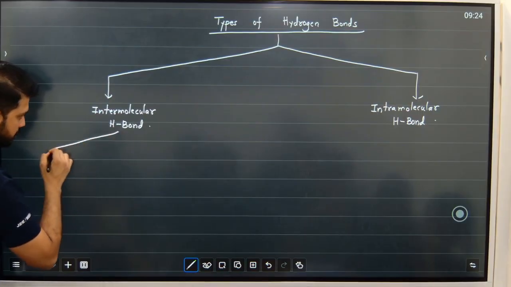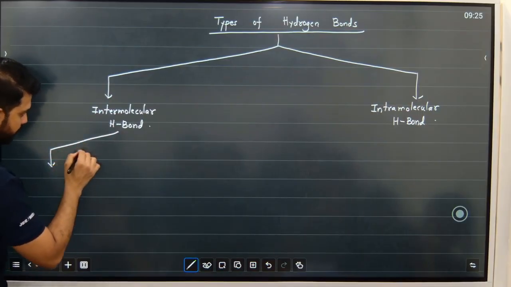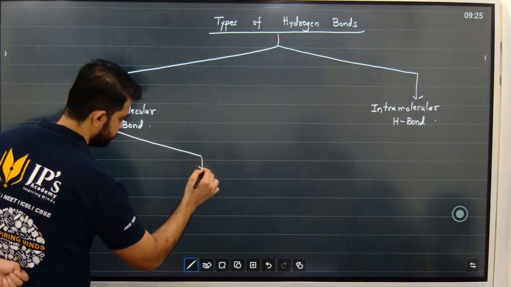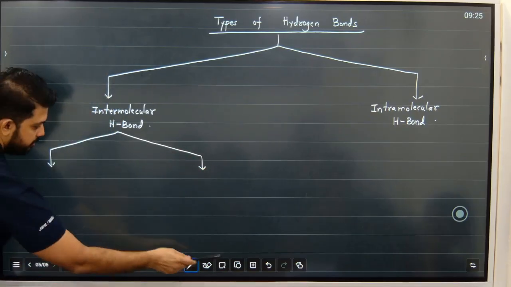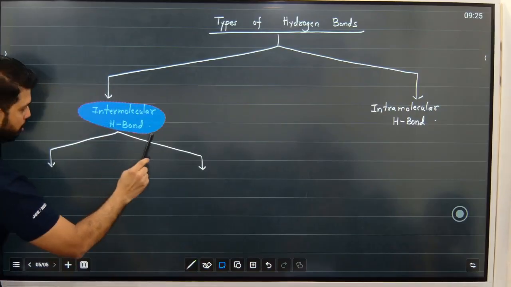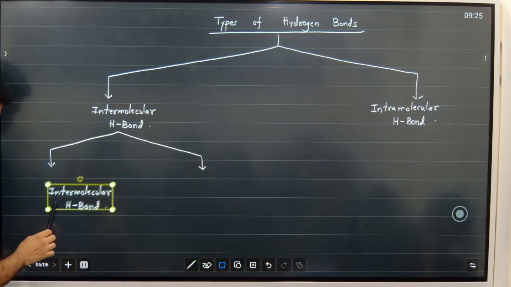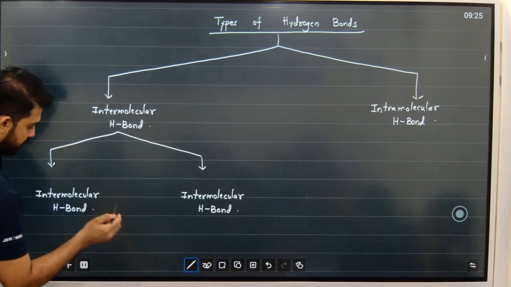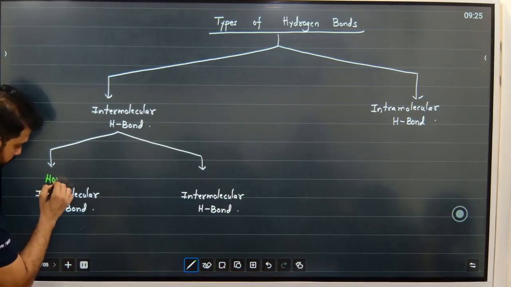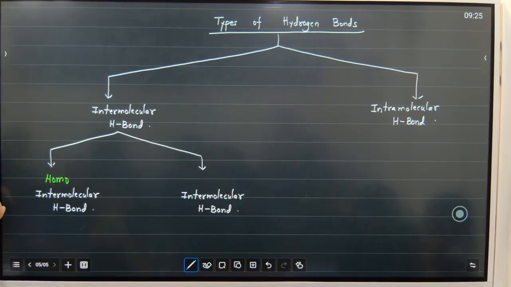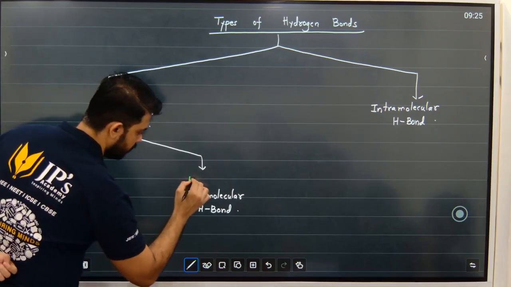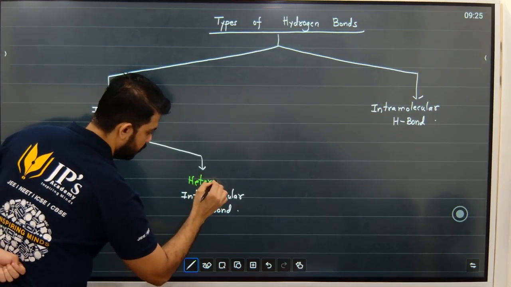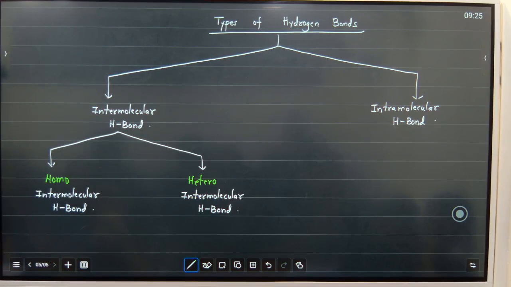Intermolecular hydrogen bond further divides into two parts. The first one is called homo intermolecular hydrogen bonds, and the second one is called hetero intermolecular hydrogen bonds.